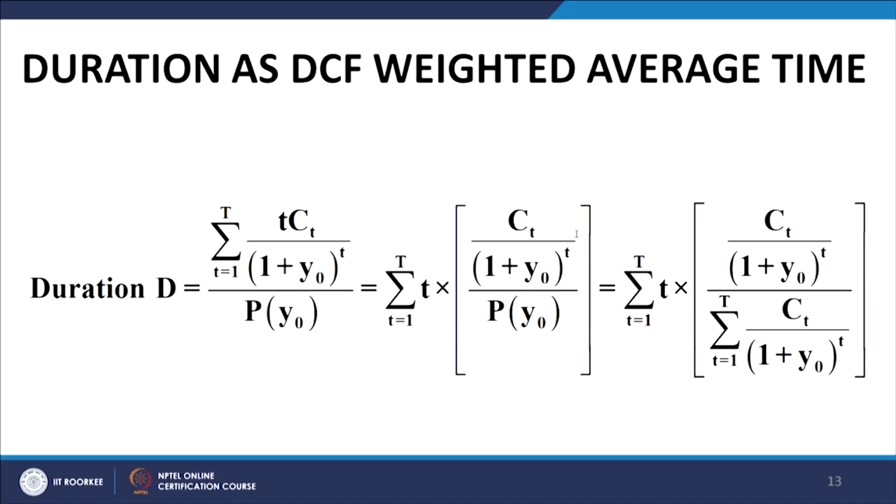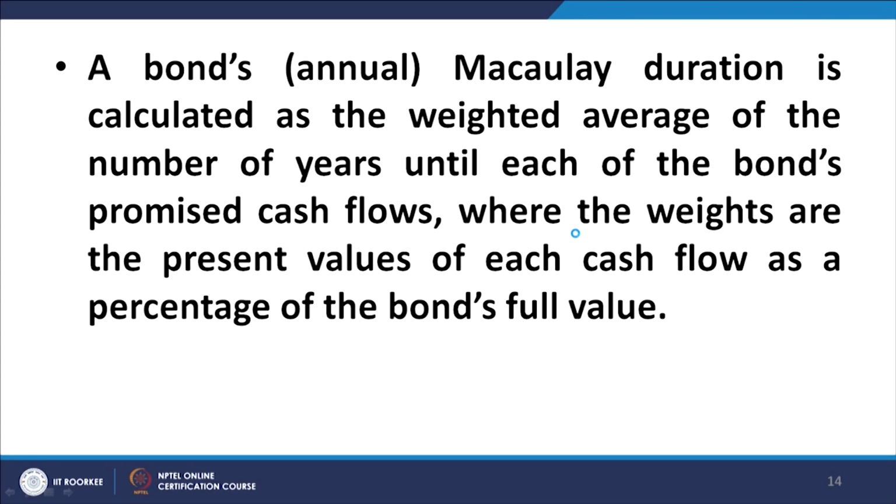Duration's representation as a weighted average time is shown on the slide. I shall not go into the details again, but the formula can be explained in words as follows: the bond's Macaulay's duration is calculated as the weighted average of the number of years until each of the bond's promised cash flows, that is T, where the weights are the present values of each cash flow as a percentage of the bond's full value, that is the DCF value of the bond.